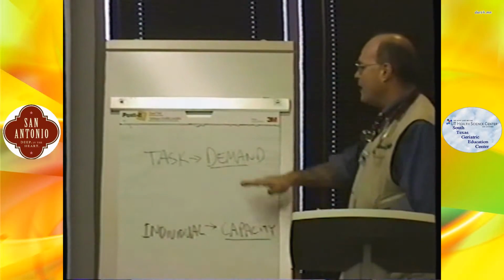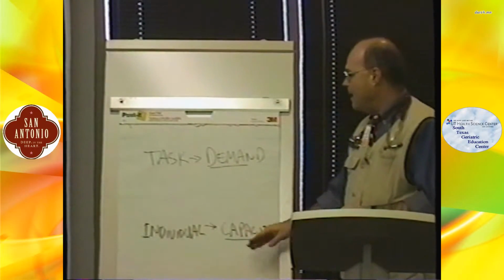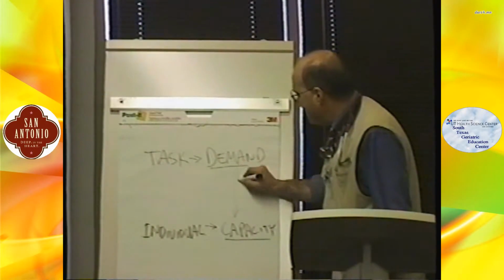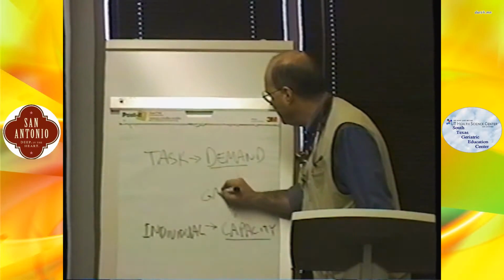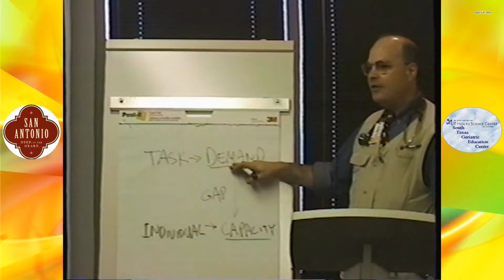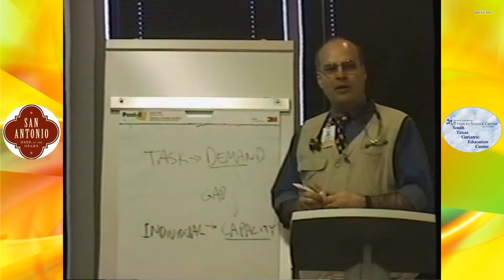Okay. So any specific task has a demand, and then the individual has the capacity, and disability is defined as the gap between an individual's capacity and the demand of the task. All right? Now, I threw out running a marathon.